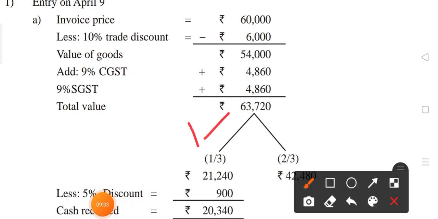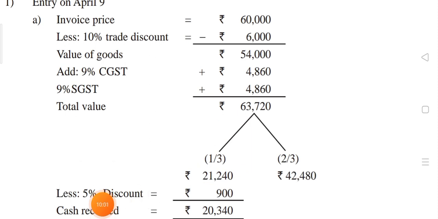See here it is 21,240. 21,240 is 1/3 amount जिसके ऊपर कैश डिस्काउंट दिया है. So 21,240 के ऊपर 5% cash discount. How much is it? 21,240 into 5%.